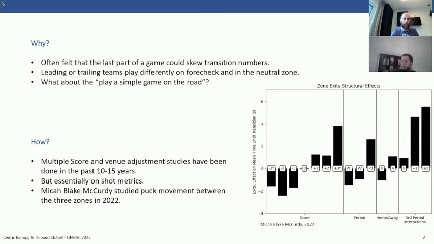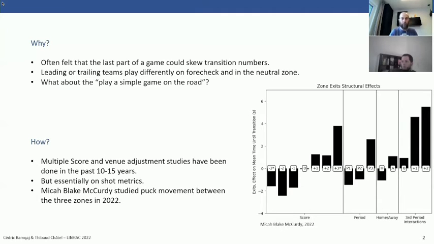And really it joins what has been done on shots and goal metrics for the past 10 to 15 years. All those studies on score and venue adjustment have shown that the score and the venue have a huge impact on who's supposed to attack more and who's supposed to defend more, on shots and goals. But it has not been done on transition before this year.